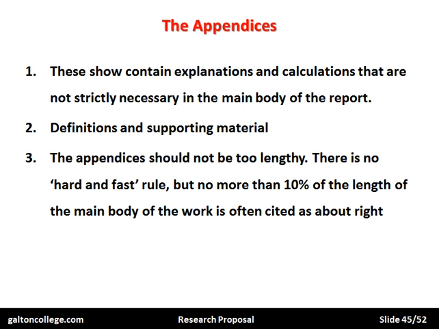But there's no rule really about it. The 10% one is just what some people say. But the appendices should not be very large. They should be quite small and put at the back, numbered and referenced throughout, but not necessarily that big.